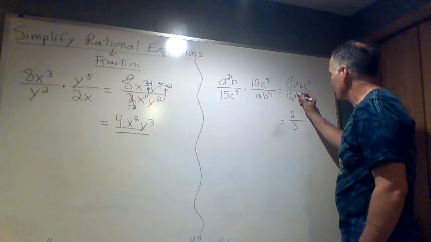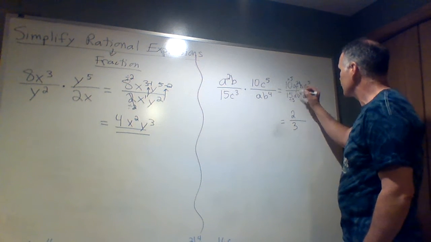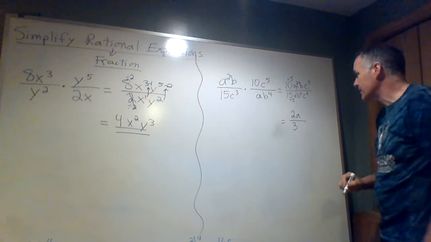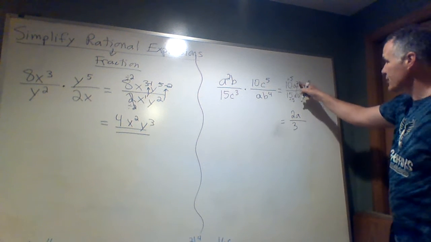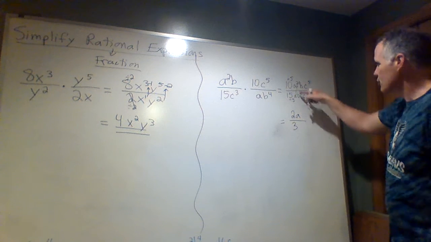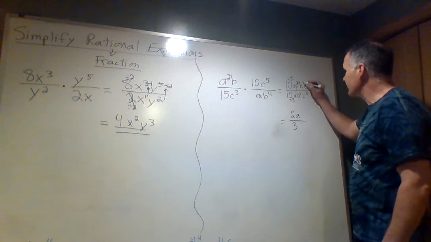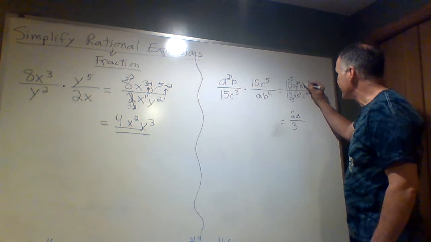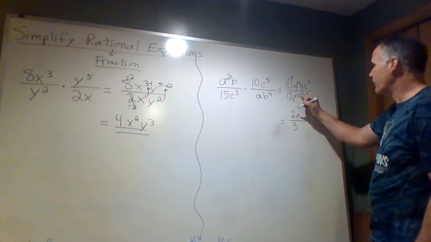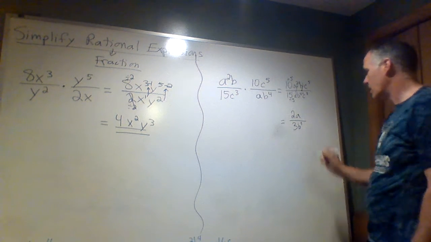Now again, I think of a little 1 on that a on the bottom. It goes up and subtracts from the 2. So a2 minus 1, 2 minus 1 is 1, on the numerator, so that's where your answer is going to be. But remember, I don't need to write that 1. Similarly, there was nothing on the b, so the b1 goes to the bottom and subtracts. 4 minus 1 means I'm going to have a b3 on the bottom.